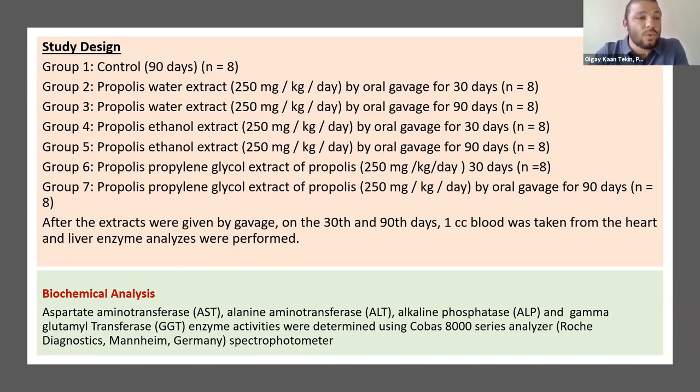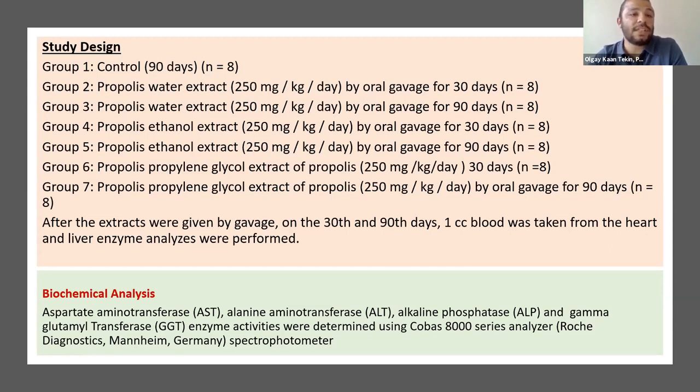Study design. Group 1, control, 90 days, n equals 8. Group 2, propolis water extract, 30 days. Group 3, propolis water extract, 90 days. Group 4, propolis ethanol extract, 30 days.